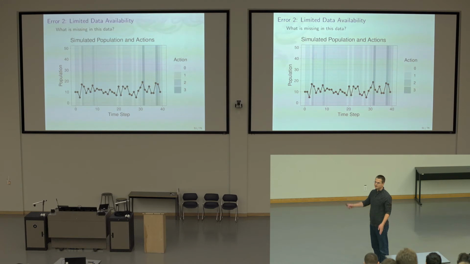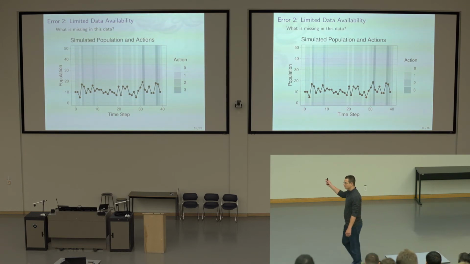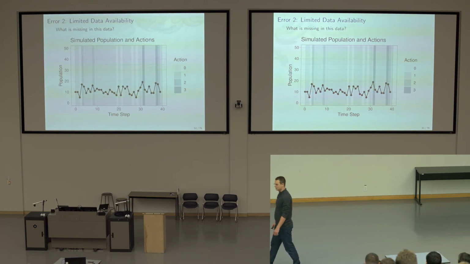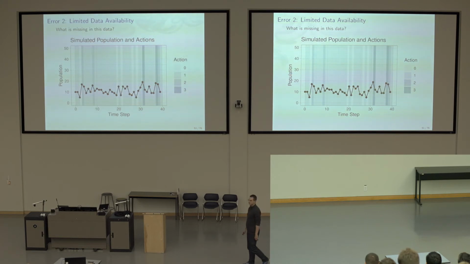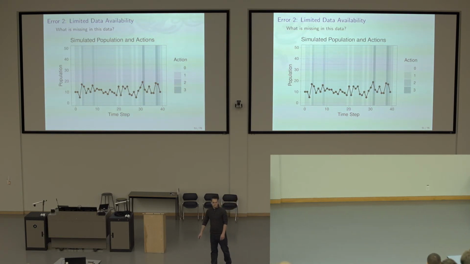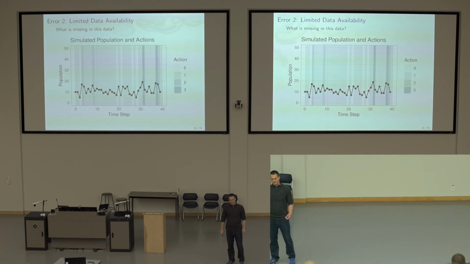So say you're using a data set like this. I tell you, tell me what's a better policy for managing this particular pest from a data like this. What do you notice about this data set? It's uniform.